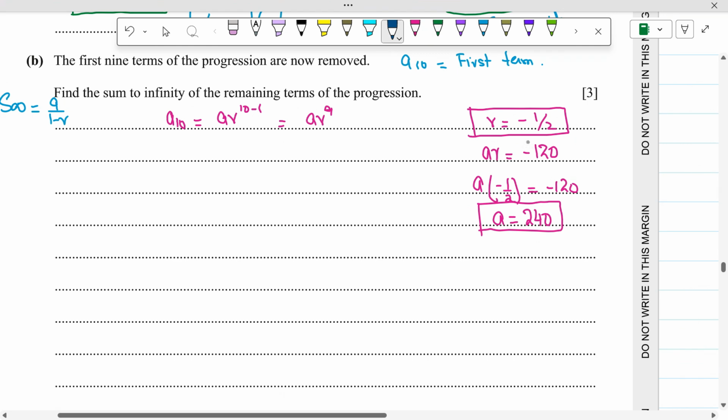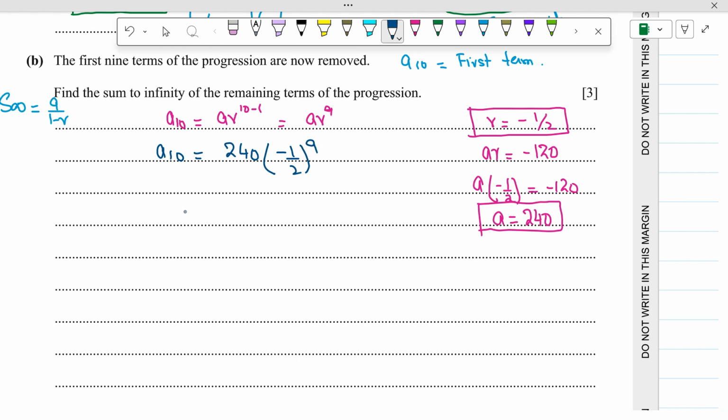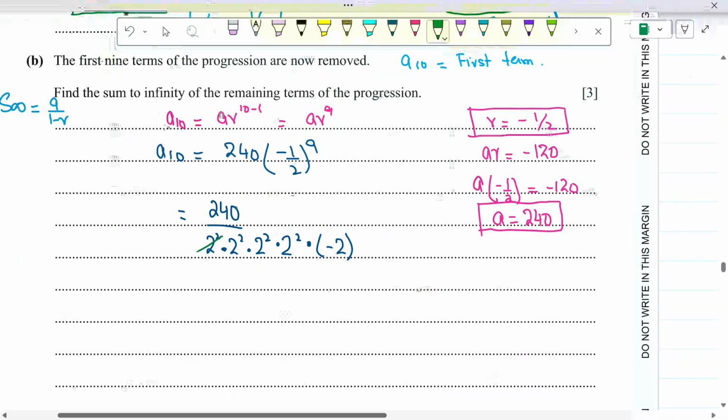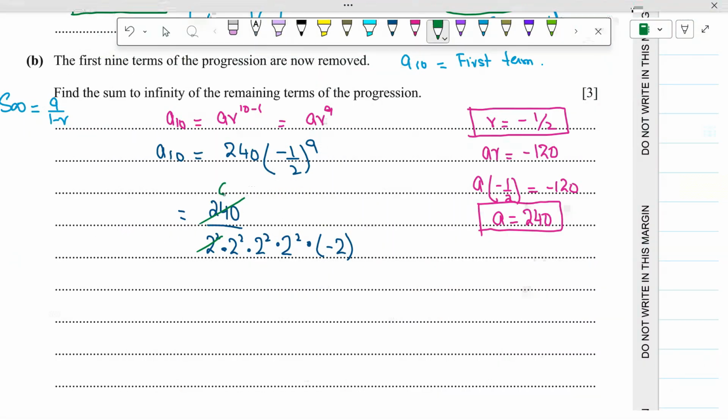So when we plug the values of R and A in, A10 is equal to A, which is 240, times R, which is negative 1 over 2, whole power 9. So we will have 240 over 2 to the power of 9. When we solve this one, we will have 60.